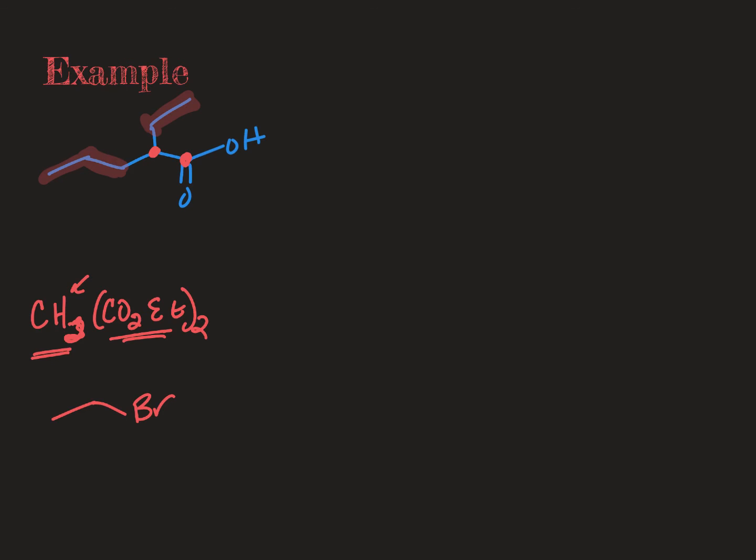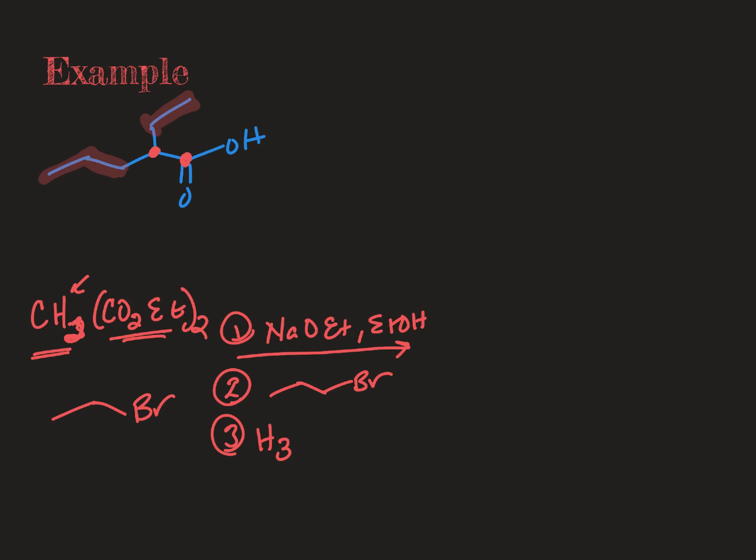I'll do the ethyl bromide first. I'll need sodium methoxide and ethanol. Then I'll add the second alkyl halide. And then last I will add the acid and heat, and that will give me the desired product.